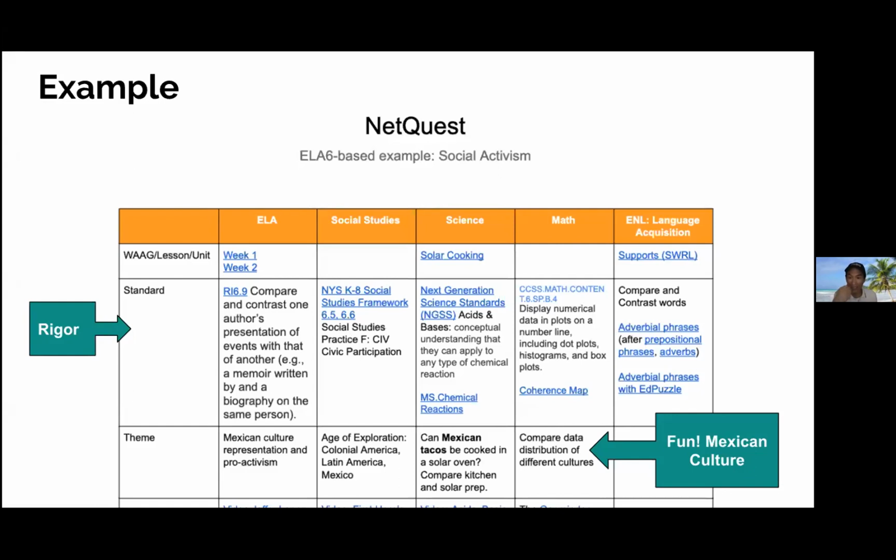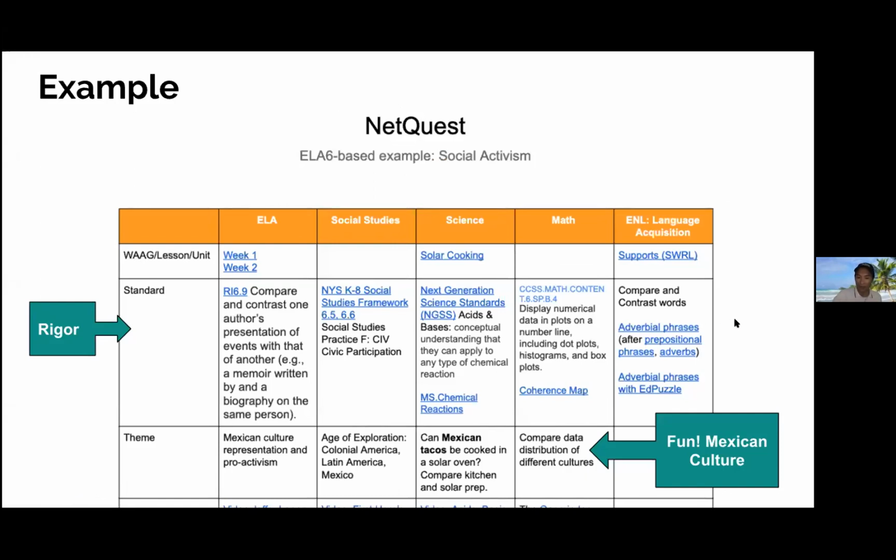You can see the applicability. In terms of the language acquisition, you can focus on compare and contrast words, like how things are similar or how they're different. You can also get into the adverbial phrases after you teach them prepositional phrases, and of course adverbs.